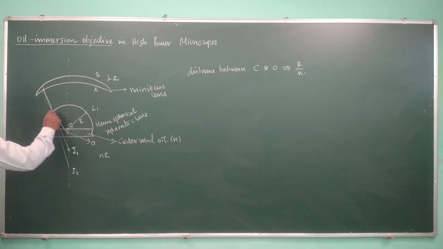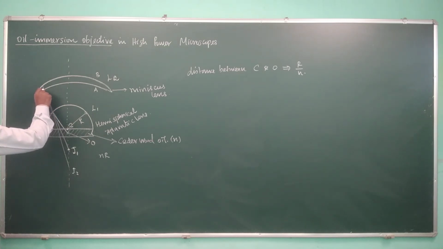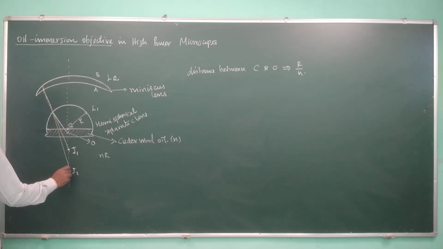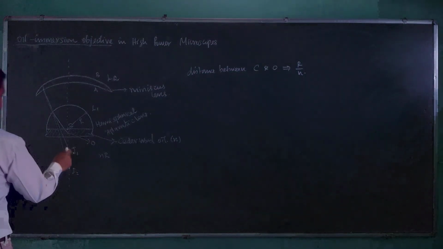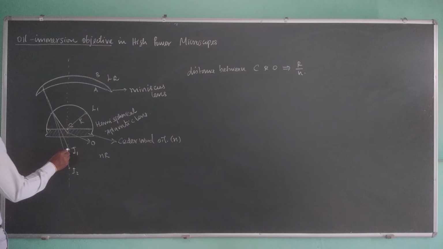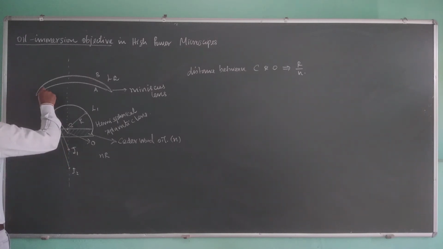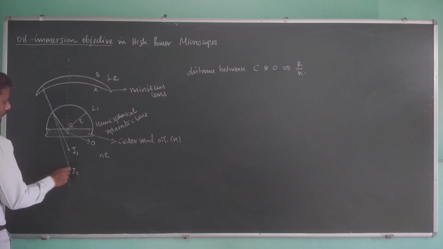Now for all rays entering the lower surface of the meniscus lens, after refraction it looks like it is appearing from the point I2. So for all rays from I1, it looks like they come from the point I2.